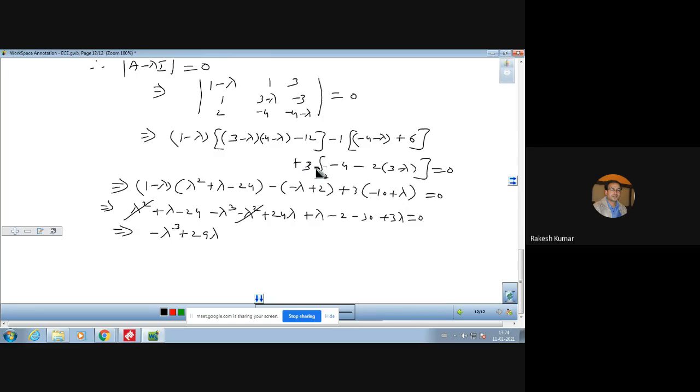Okay, with 3 we get minus 4 minus 2 into this. 3 fours are 12, 12 should be negative.